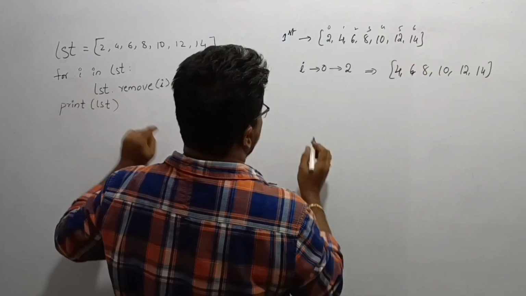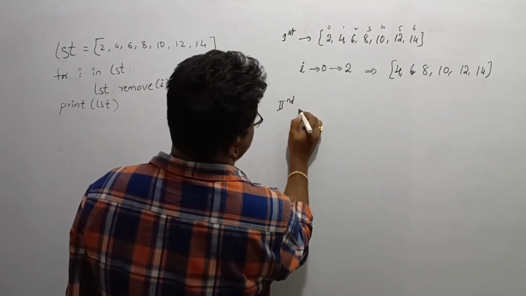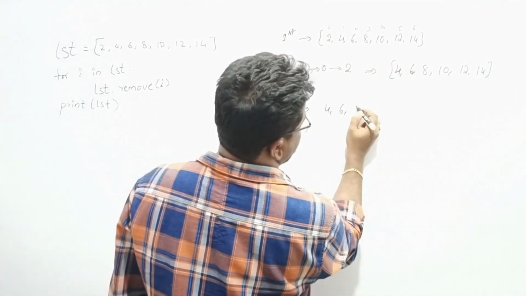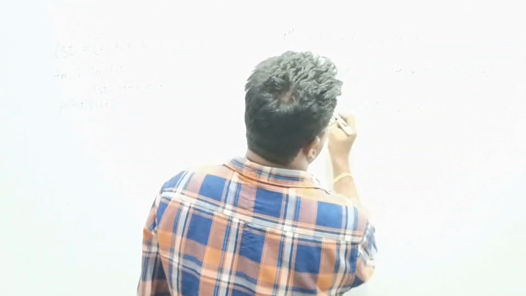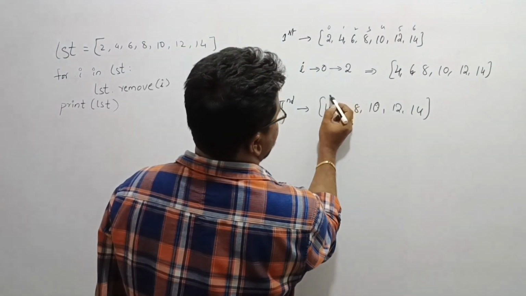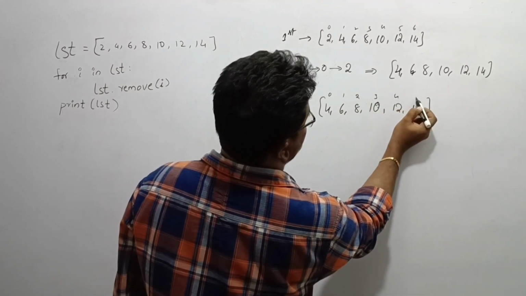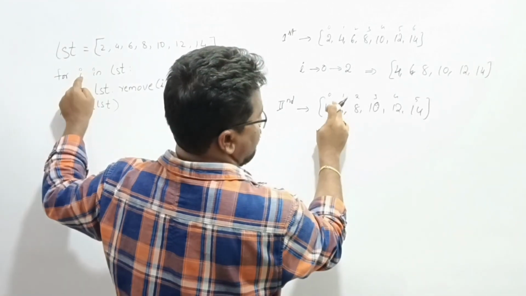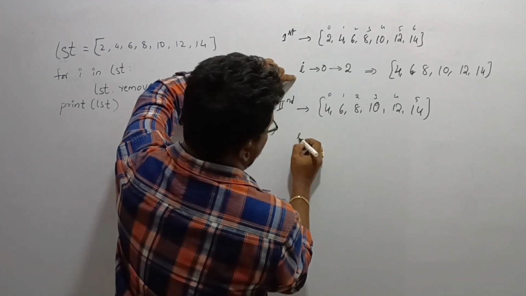Next, the second iteration. In the second iteration, the remaining list is 4, 6, 8, 10, 12, 14. In this list, the index numbers are 0, 1, 2, 3, 4 and 5. The second time, the i value is the index 1 value. Already the index 0 value is over.